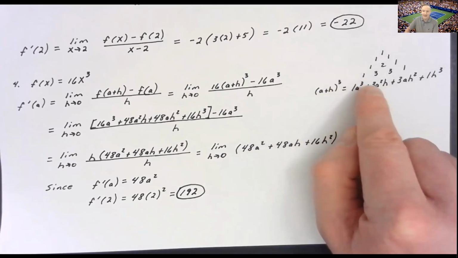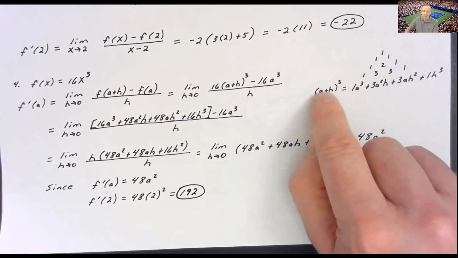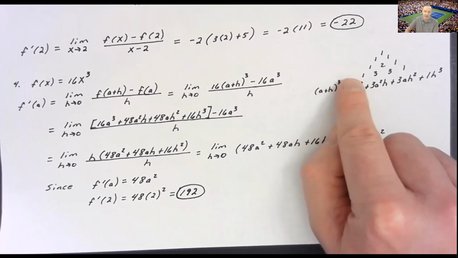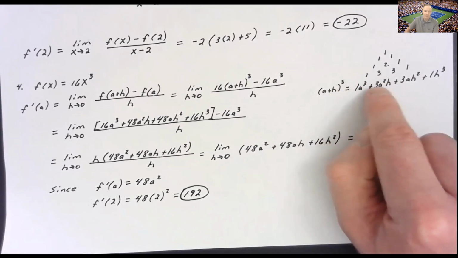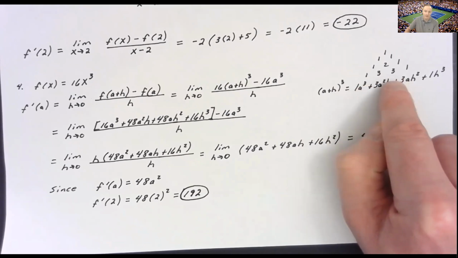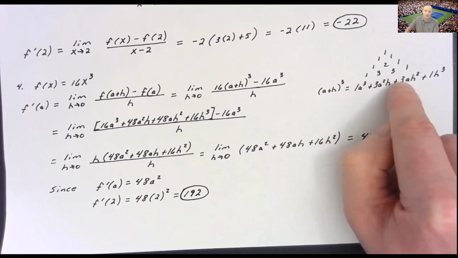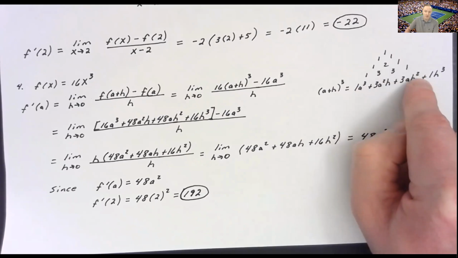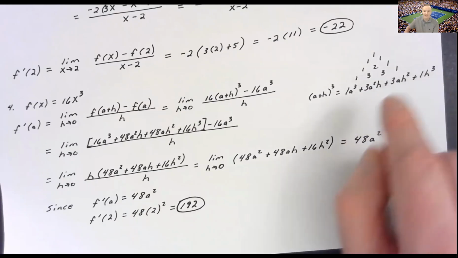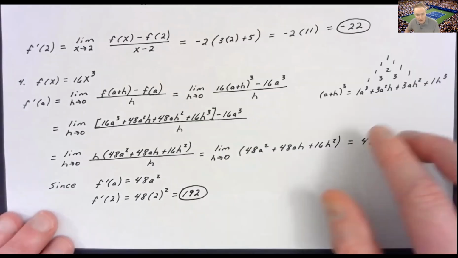And then each other coefficient is going to be in the coefficient of terms where the power descends on the first one and ascends on the second term. So I have 3a to the second h. Please notice how the exponents will always add to be 3, plus 3a to the first h squared, and then plus 1 h cubed. So I know that that is a plus h to the third power.